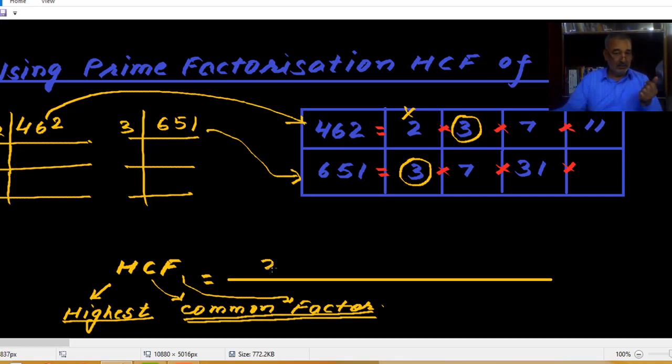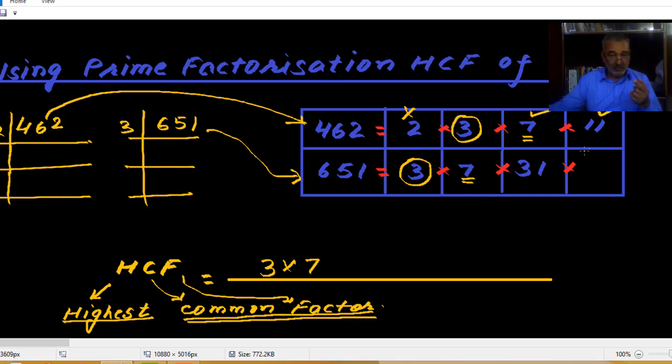So write down here 3. I am taking H here. Is there some more factor which is common? Let's try 7. Is it common? Yes, of course. 7 lies in both of the prime factorizations. So take 7.